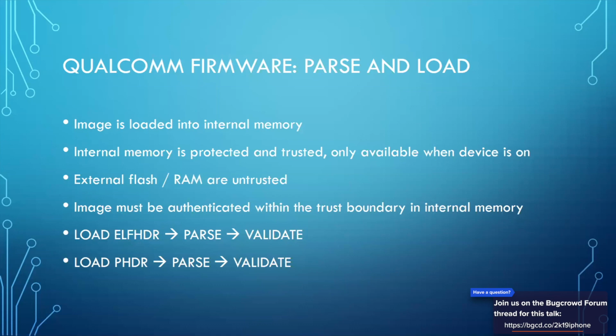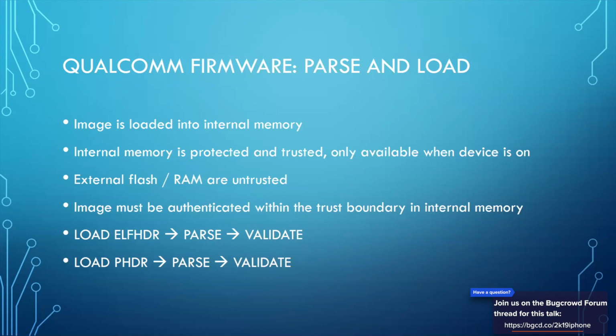So how does Qualcomm parse their baseband firmware when it's loaded? From their own documentation, I was able to get the following. An image is loaded into internal memory, and that internal memory is protected and trusted, but only available when the device is on.